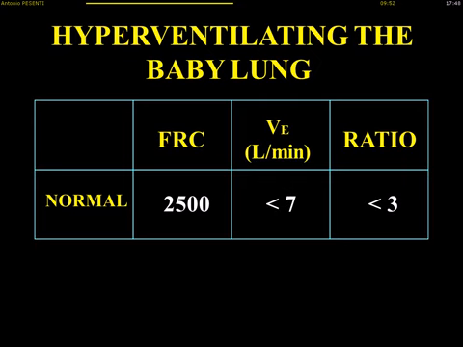But since these are true numbers, it's a very strong argument. A normal subject has 2.5 liters of ventilated alveoli at end expiration. Minute ventilation of a normal subject is normally less than 7 liters. So we have less than 3 liters of ventilation per liter of alveoli.